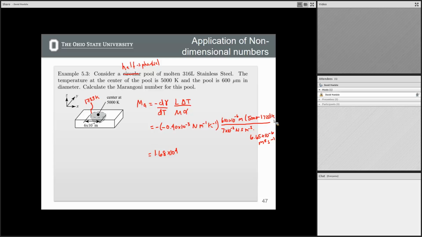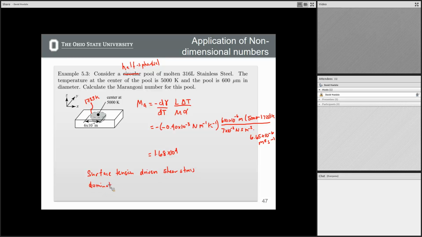Okay, so this is a very large number, right? In terms of ratios, 10 to the 4, right? So what this tells us is that surface tension gradient-driven shear stress dominates.